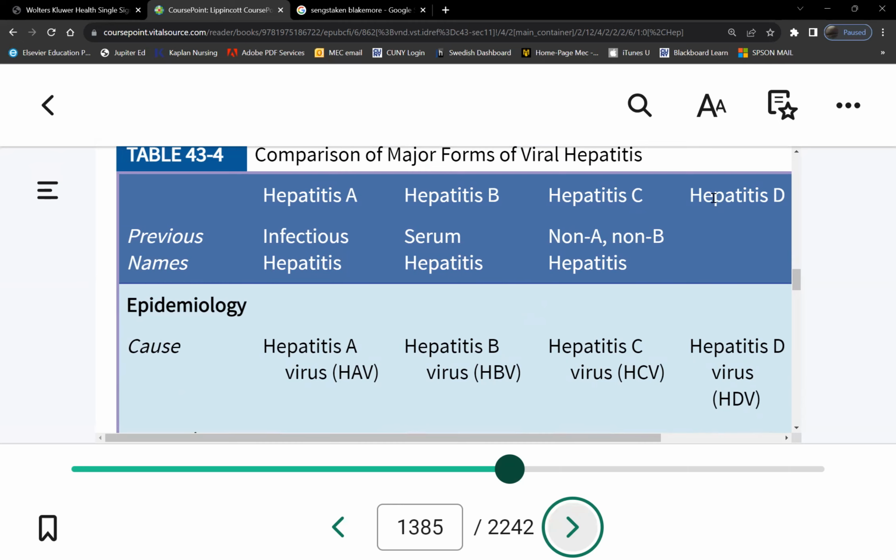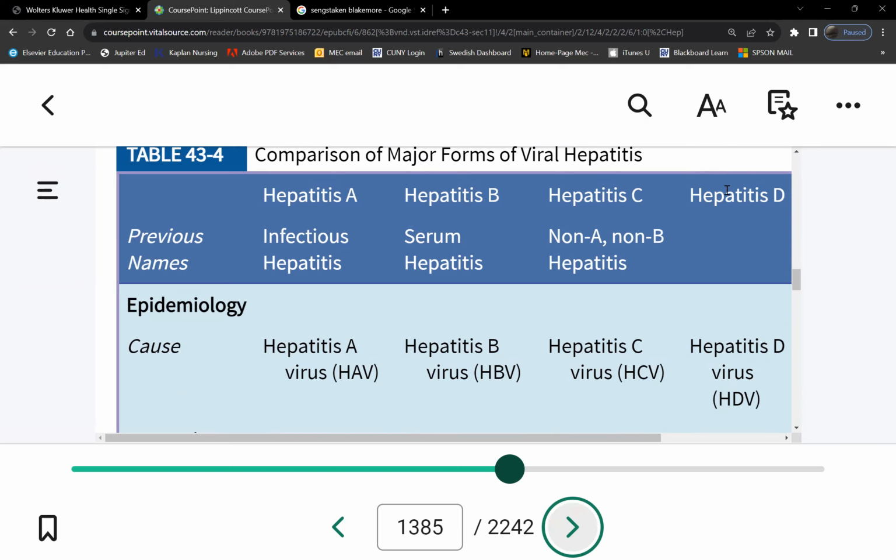For D, you can only get D if you have B. Okay, because D cannot enter the cells unless there's already, it's like an RNA thing. So it needs the hepatitis B virus in order to enter.